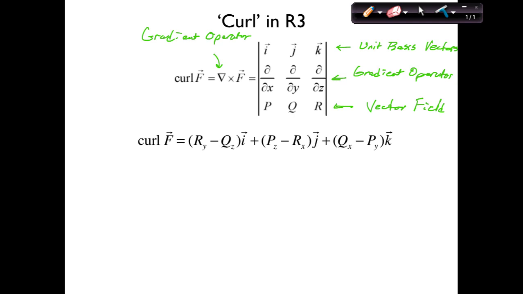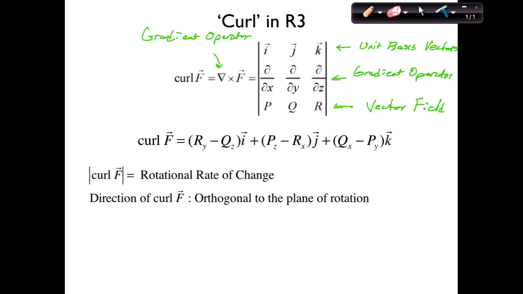The magnitude of the curl is the strength of this rotational rate of change, just without direction, and the direction of the curl is orthogonal to the plane of rotation. At a particular point, there's only really rotation in one plane, but it's going to be an oblique plane.